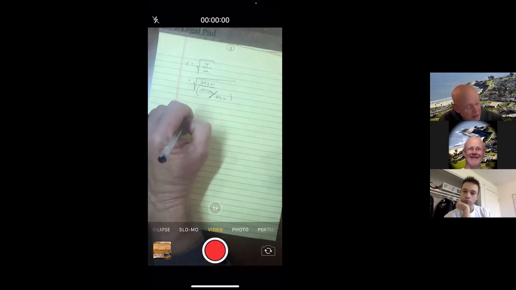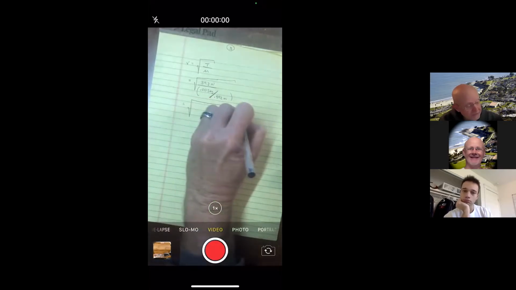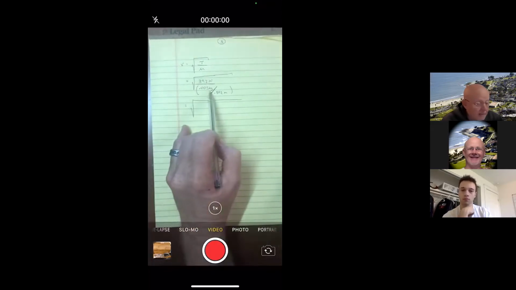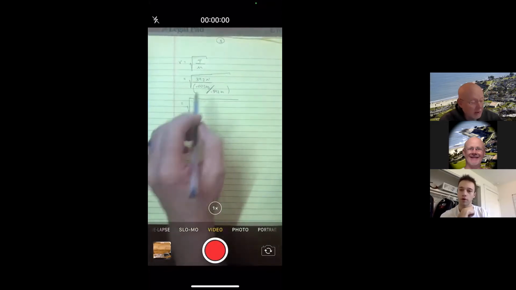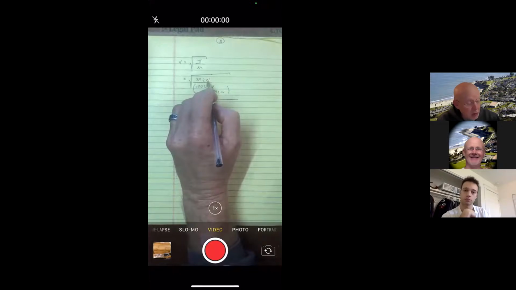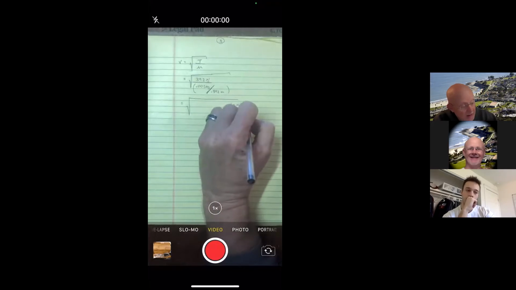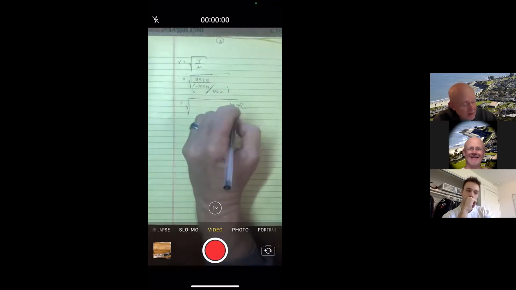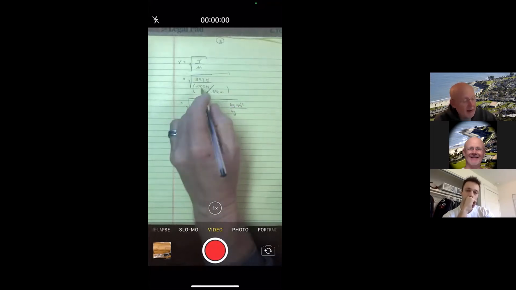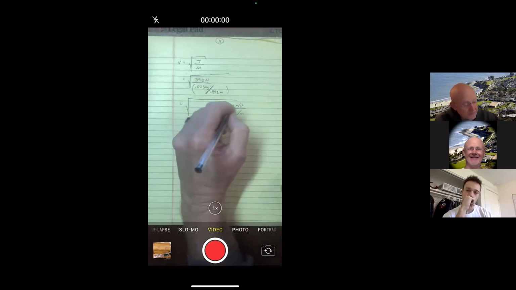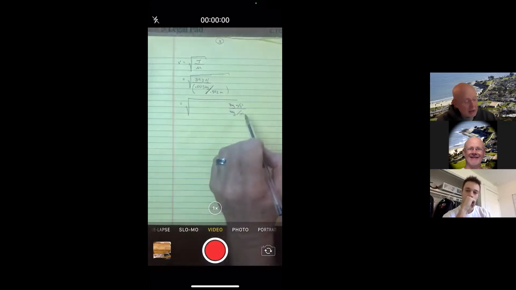Before I do the numbers, you'll notice that I quickly switched the grams to kilograms. And that's because I knew what was inside of this newton. Inside of that newton is a kilogram meter per second squared. So when you divide by a kilogram over a meter, kilograms would cancel off.